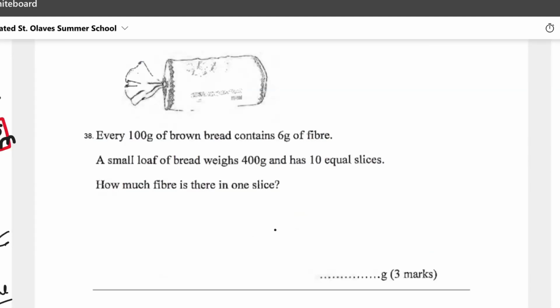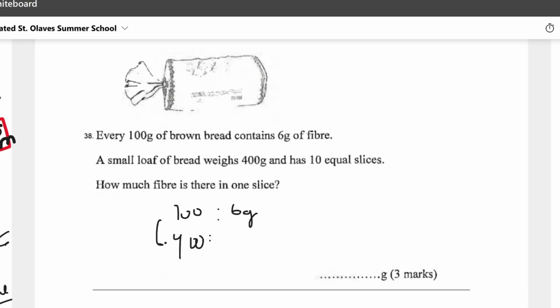Each 100 grams of brown bread contains 6 grams of fiber. A small loaf is 400 grams and has 10 slices. We need to see how much fiber there is first and then the slices. If 100 gives us 6 grams, then 400 will give us how much?